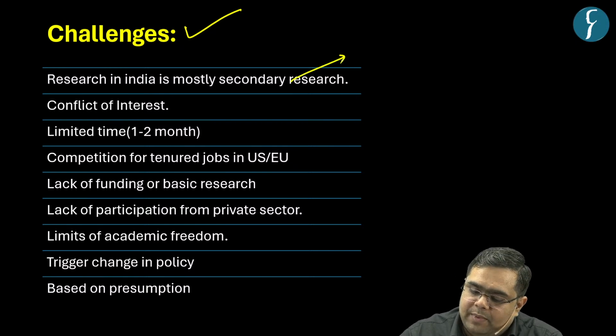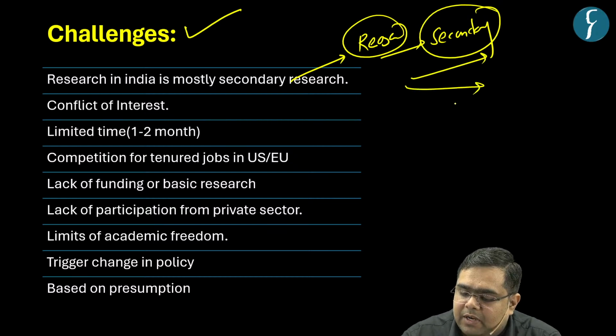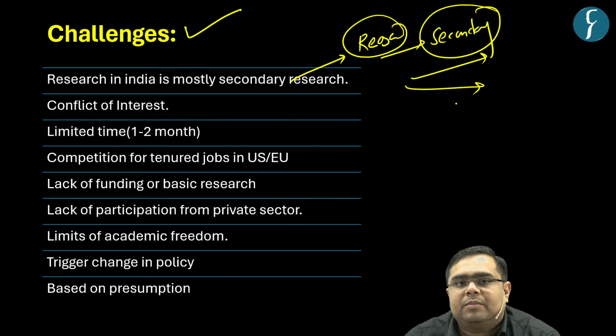So the first point being, research in India is mostly secondary. What is the meaning of secondary research and primary research? For example, primary research means, let us say I take up an idea, I develop that idea, and based on that idea I conduct my own research, I devise my own methodologies.